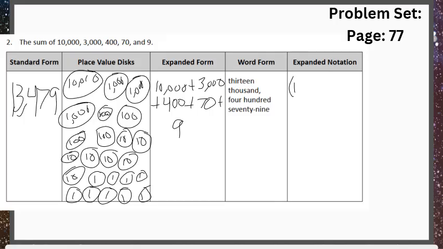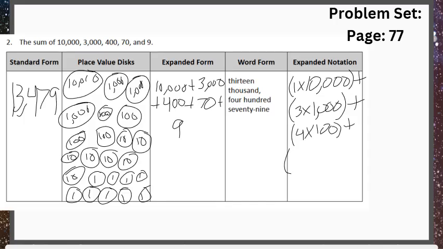We have 1 times 10,000 plus, we have 3 times 1,000 plus 4 times 100 plus 7 times 10 plus 9 times 1.